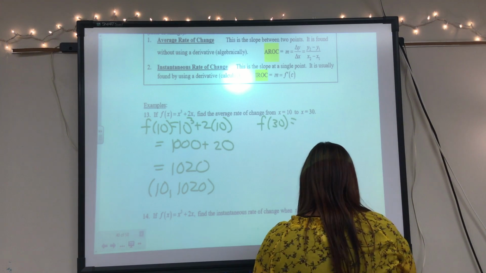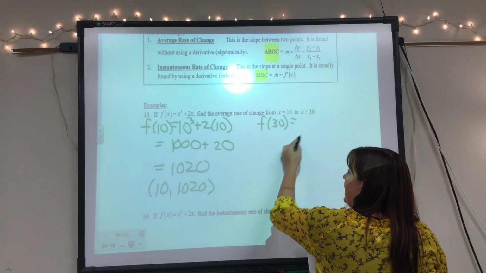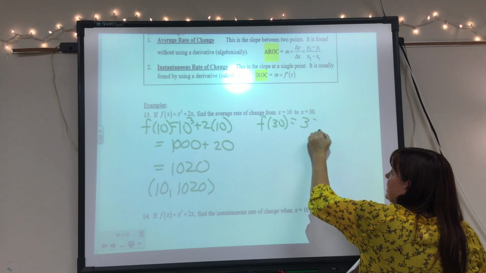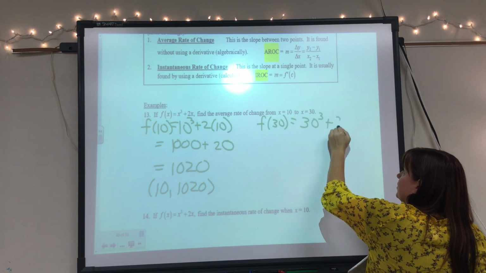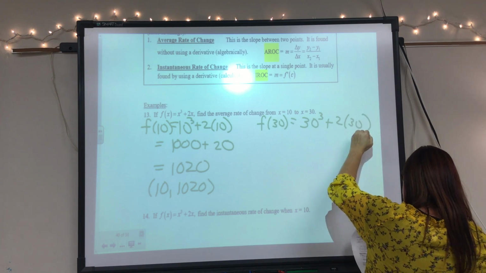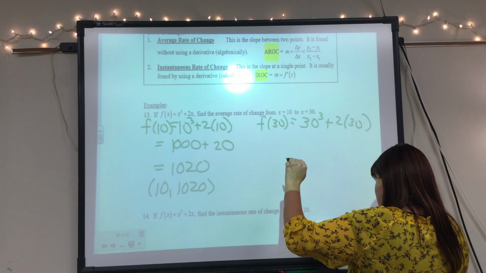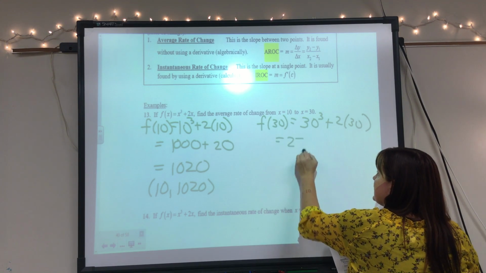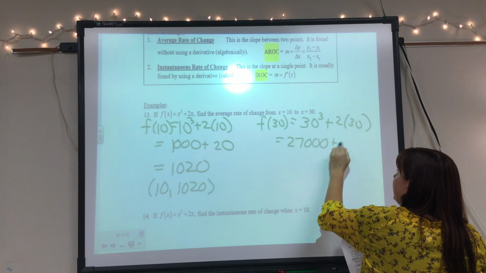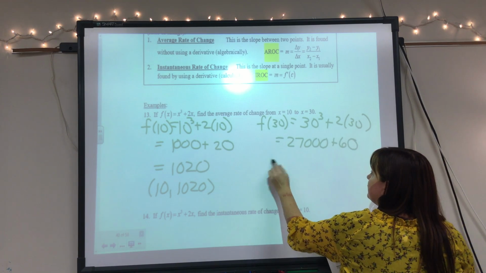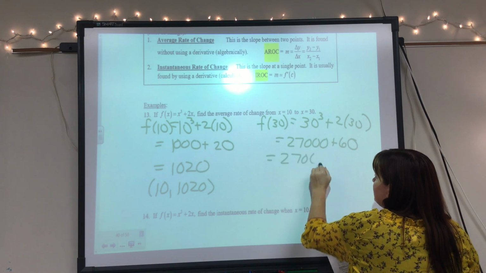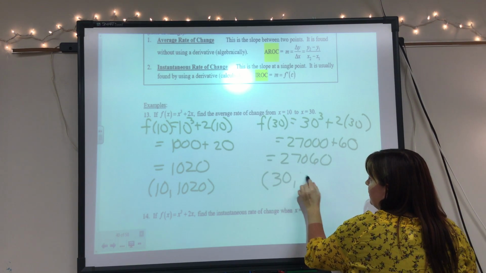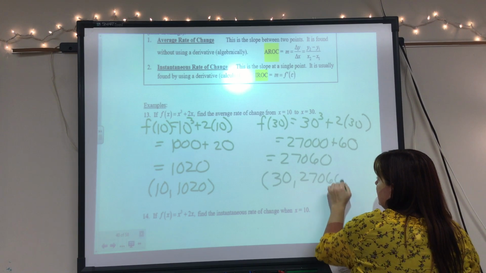Then for f of 30, I plug 30 into my function: 30 cubed plus 2 times 30. Well, 30 cubed is 27,000 plus 60, so it's 27,060. So when x equals 30, y equals 27,060.